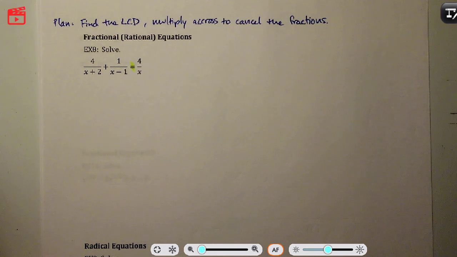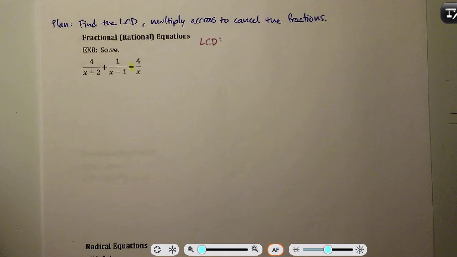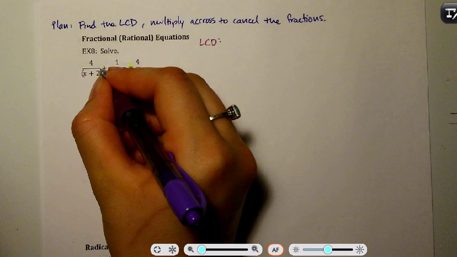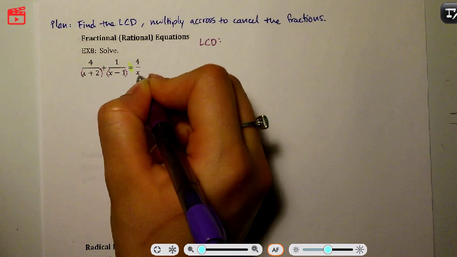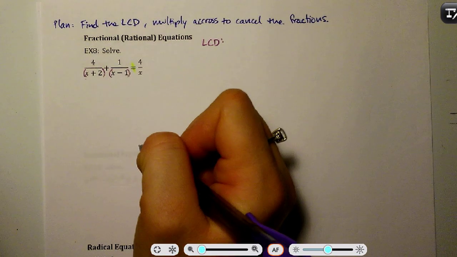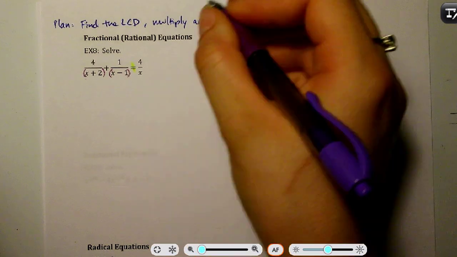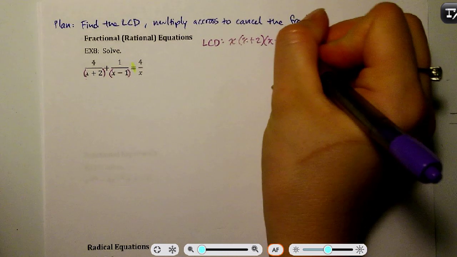All right, let's see, what is our LCD? Our lowest common denominator. Let's take a look at the denominators. We have this binomial, and that monomial. And none of them are the same, which means they are all going to be part of my LCD. So x plus 2, x minus 1.